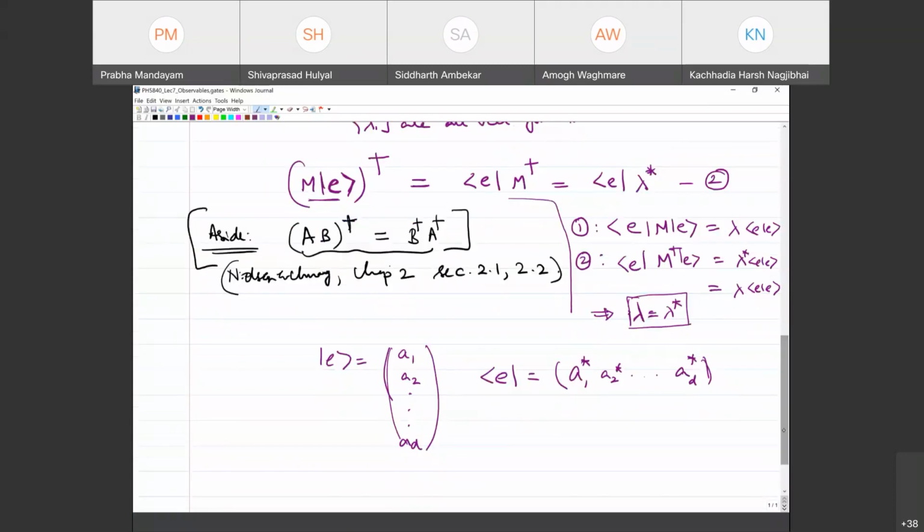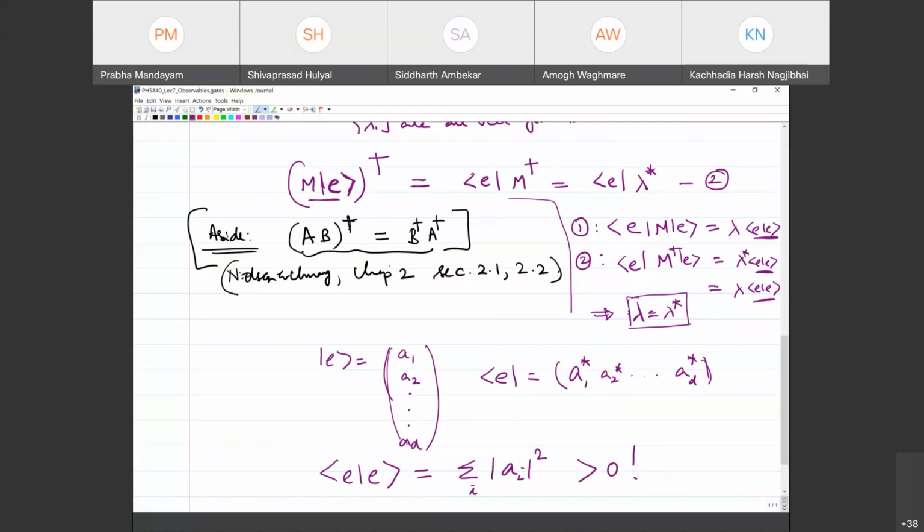Now you see the point is this product. What can you say about this inner product? We already did this. What is the inner product of E with itself? It has to be like sigma mod squared. Correct, exactly. So it's of the form sum over I mod A I squared. So not only is it real, it's always positive. That's how we could define a norm out of this, right?